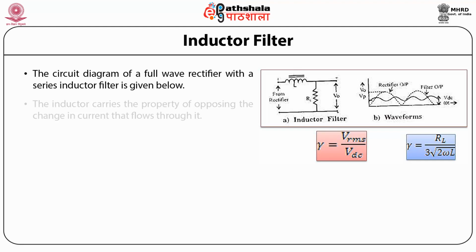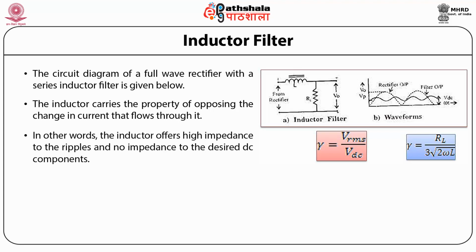Here the inductor has the property of opposing the change in current that flows through it. In other words, the inductor offers high impedance to the ripples and no impedance to the desired DC components. Thus, the ripple components will be eliminated.